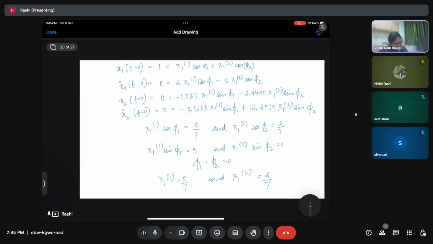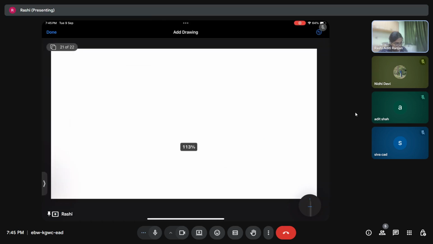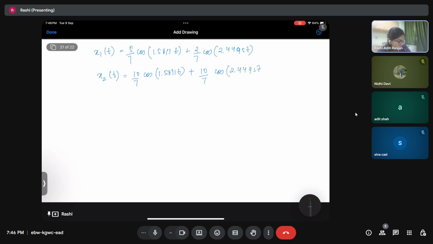So finally, using all this, we can write the final solution as x1 of t equals 5 by 7 cos of 1.5811 t plus 2 by 7 cos of 2.4495 t, and x2 of t as 10 by 7 cos of 1.5811 t plus 10 by 7 cos of 2.4495 t.